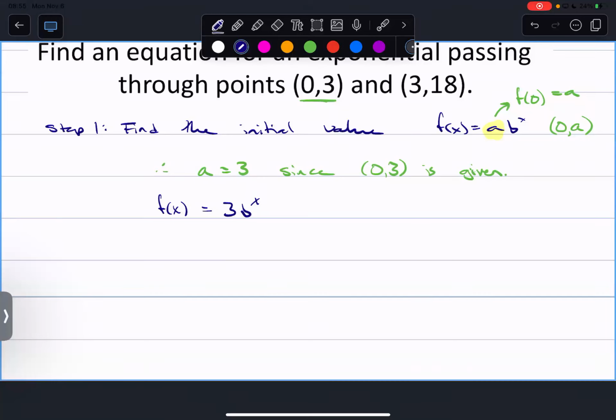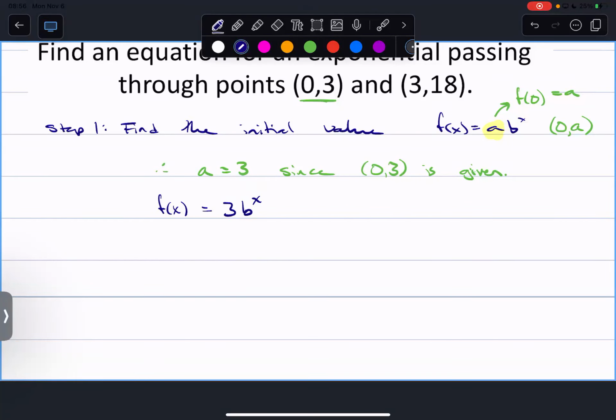Where do I go from here? Well, first I should probably make sure this looks like a b and not a 6. There, that's beautiful. 3b to the power of x. We use the same trick, right, that we did way back when we had linear functions. We wanted to find equations of a linear function that were, for example, perpendicular to some line, right?